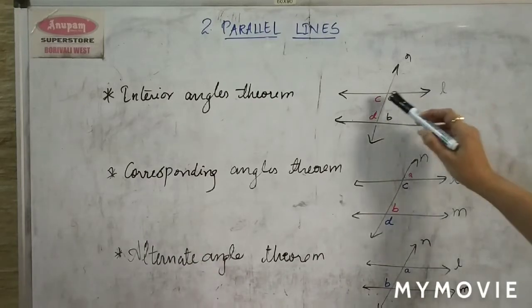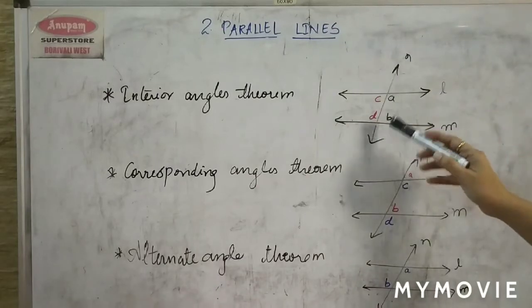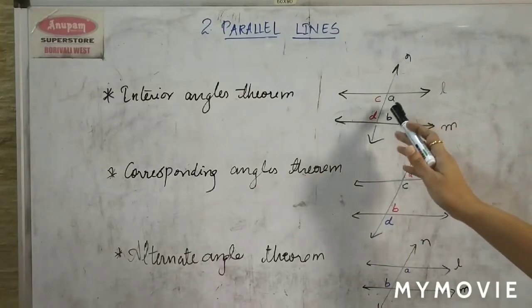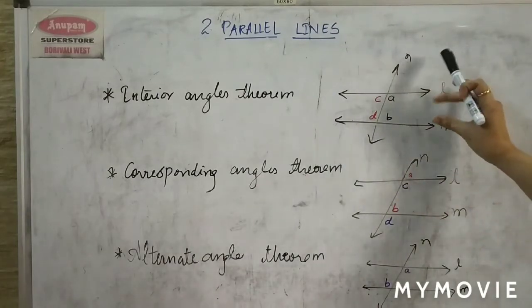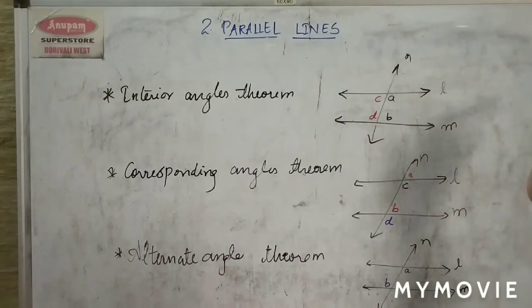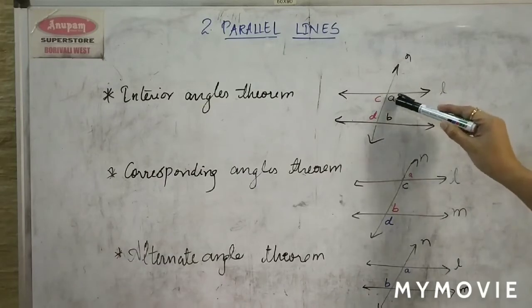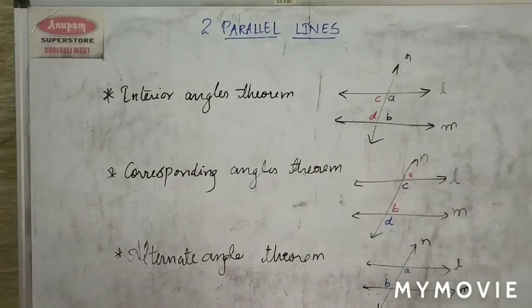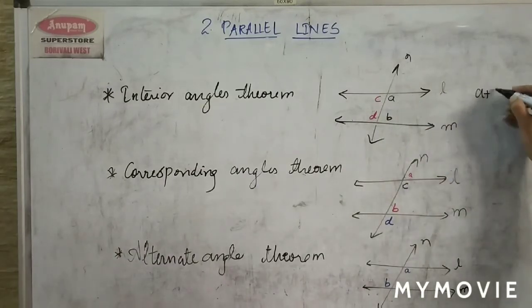See, if these are the parallel lines and if this is a transversal, then A and B, these are the two angles on the inner side of the right hand side of the transversal. So we will say that A plus B will be 180 degrees.